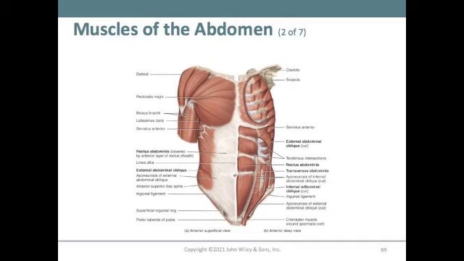So remember what rectus means. It just means that it's parallel to the midline of the body. So here's basically the midline right here. And notice the striations on these muscles. They're parallel. That's why we call it rectus abdominis, because rectus means parallel to the midline.